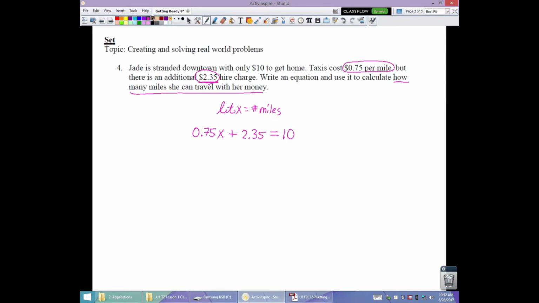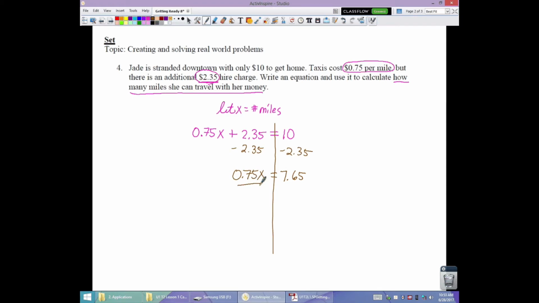Well, let's solve it and see how far Jade can go. First, we'll subtract the $2.35 from both sides. So once she's paid her flat fee, she will still have $7.65 remaining that she will use to pay for her mileage, 75 cents per mile.